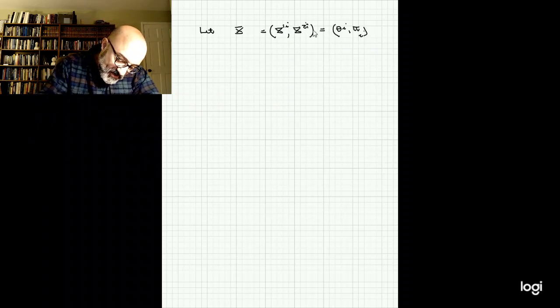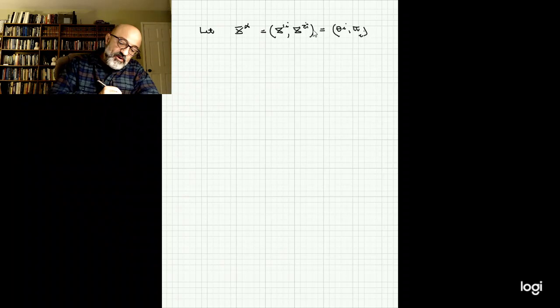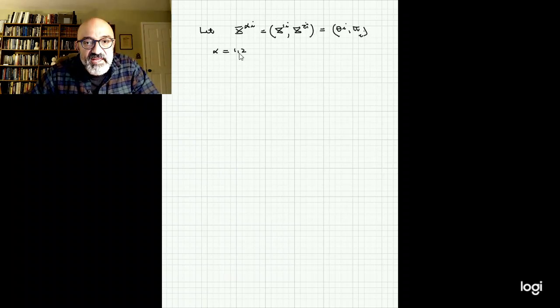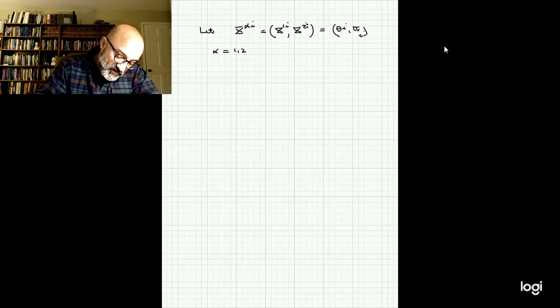So we're going to have a composite index alpha I. Alpha takes two values, and this refers then to thetas, and that refers to pi's.